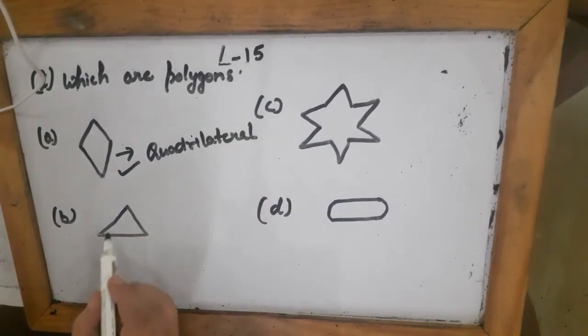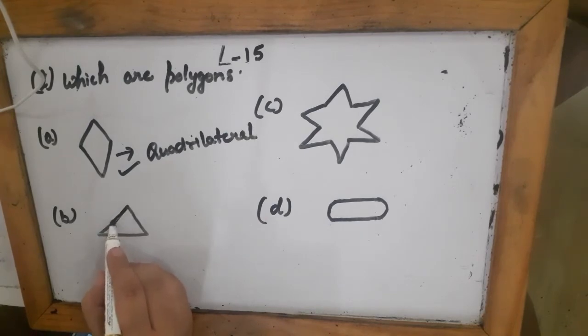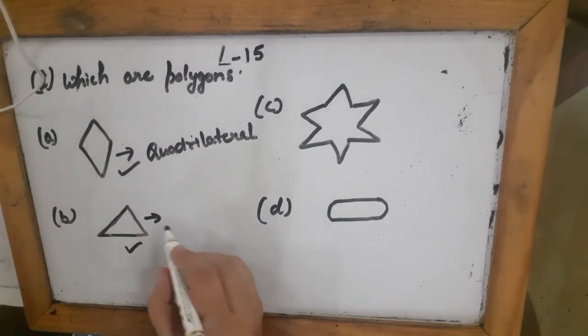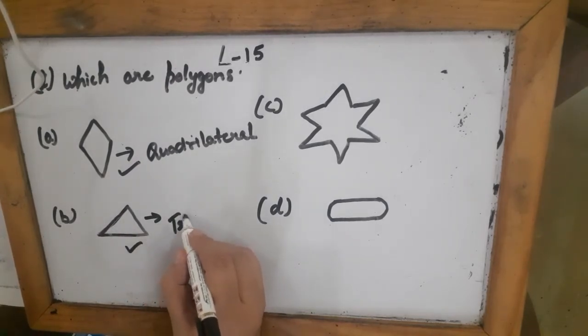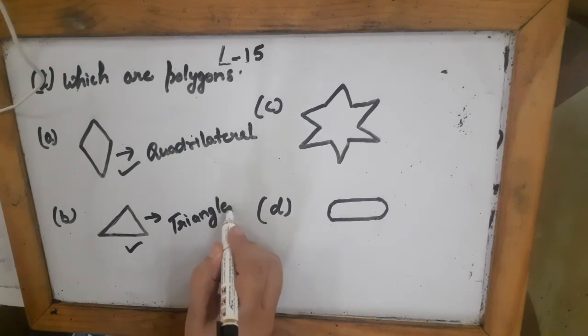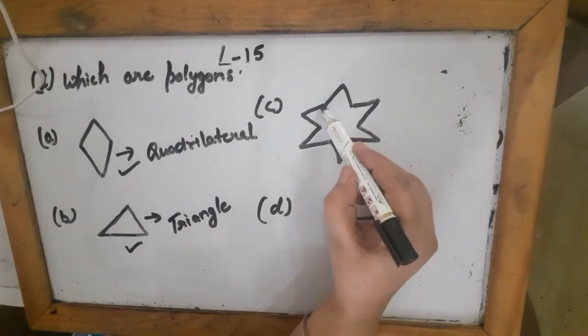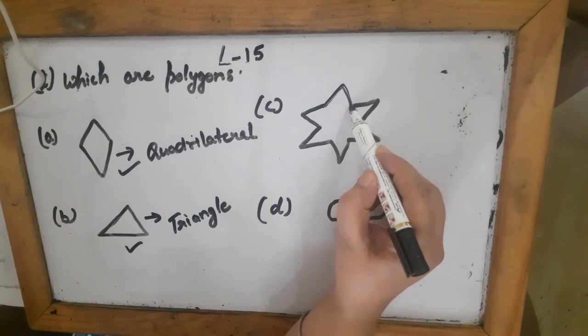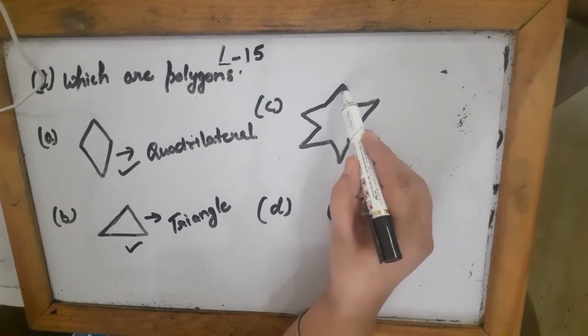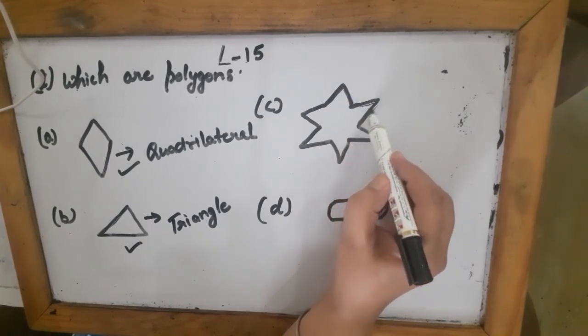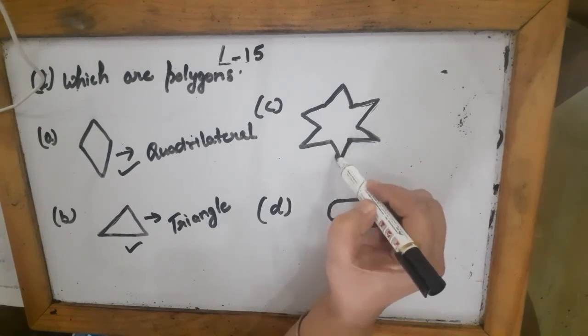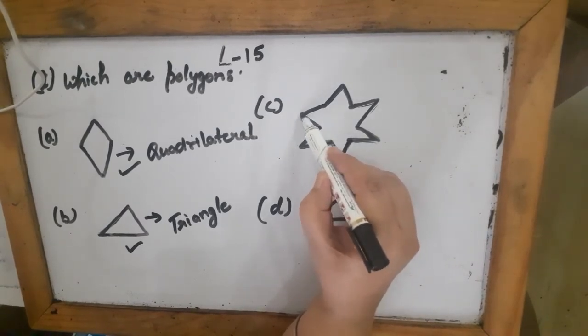Now in the second one, B part, you can see this figure has three line segments or three straight lines. So this also is a polygon and this is called a triangle because it has three sides. Now this also is a polygon because it has how many straight sides? 1, 2, 3, 4, 5, 6, 7, 8, 9, 10, 11, 12.